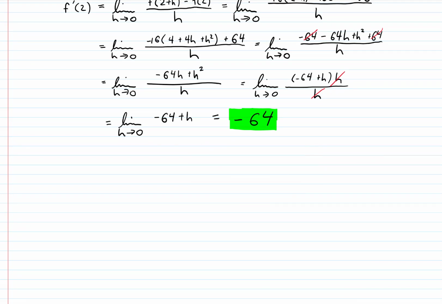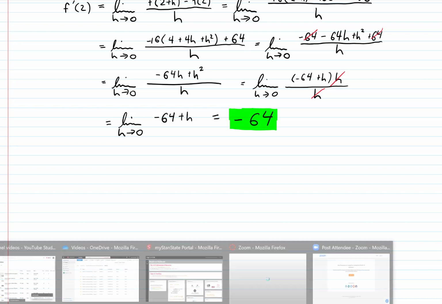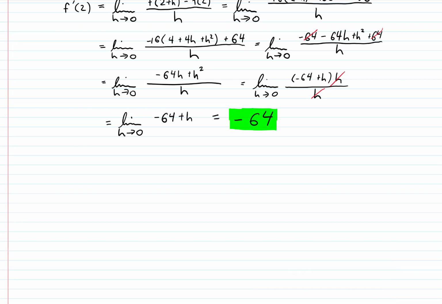If you want to do the derivative at many different places, then it makes sense to do the derivative without plugging in the number 2, but leaving the variable x there. Okay? So the derivative function, okay.